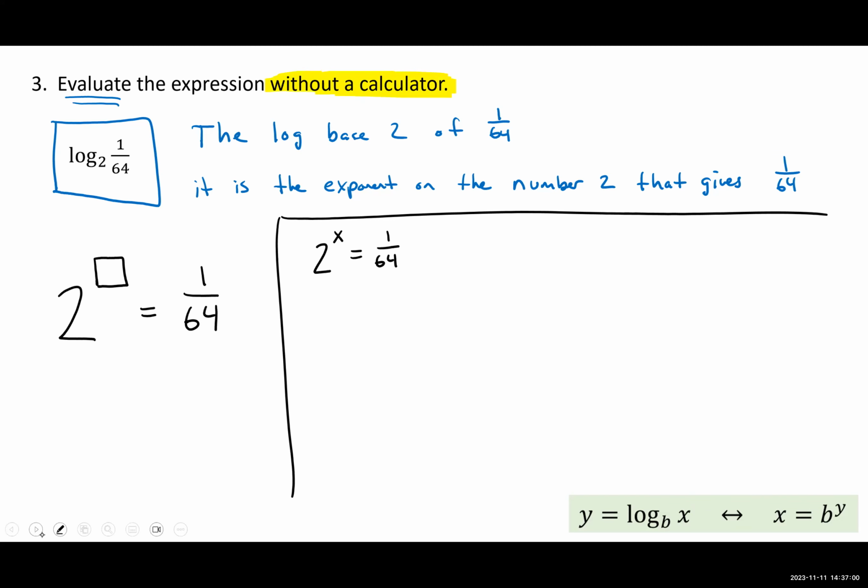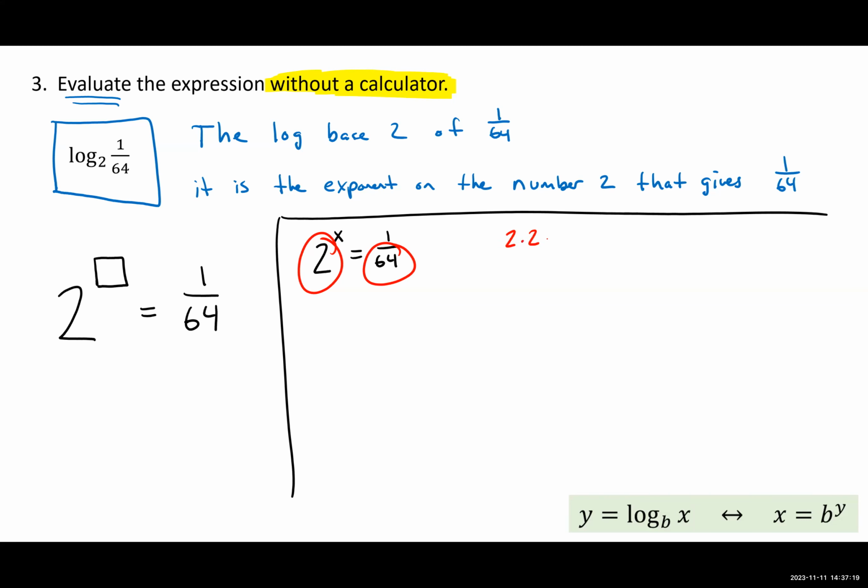Well, if you look at this equation, we've got the number 2 and the number 64. Well, 64 is a power of 2.